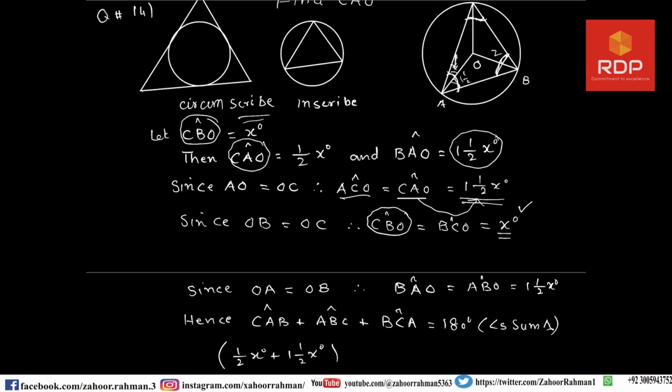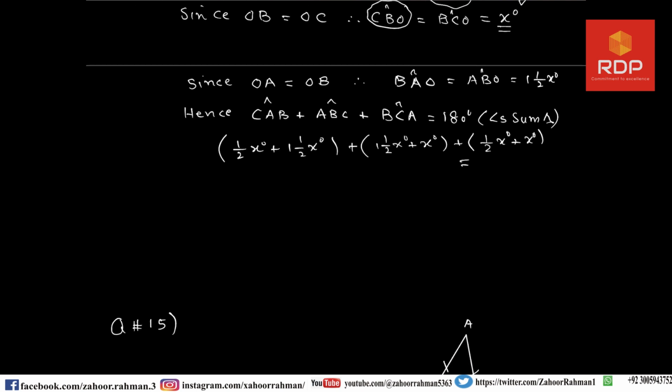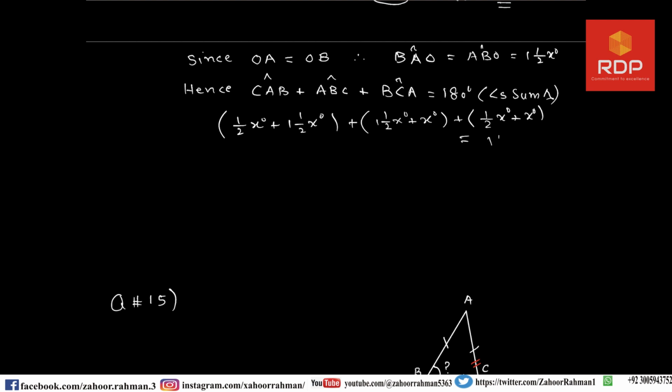Similarly for ABC there are two parts, 1/2 x degree plus x degree, and the third one is 1/2 x degree plus x degree, and that is equal to 180 degrees.